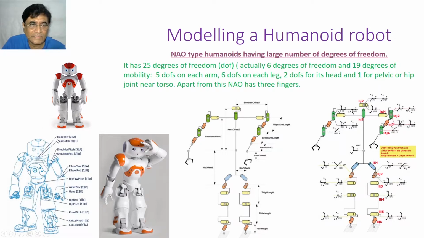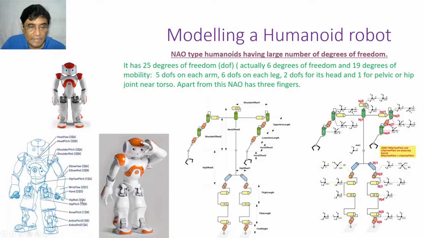In the case of NAO, it is head yaw, head pitch, and as long as you understand they are revolute joints named as per convention, it is fine. And then this is shoulder pitch and shoulder roll. These are the two joints I have shown you in the video. Then elbow yaw, elbow roll. Okay, and then you have hip yaw pitch, and the same joint is actually shared by the leg.